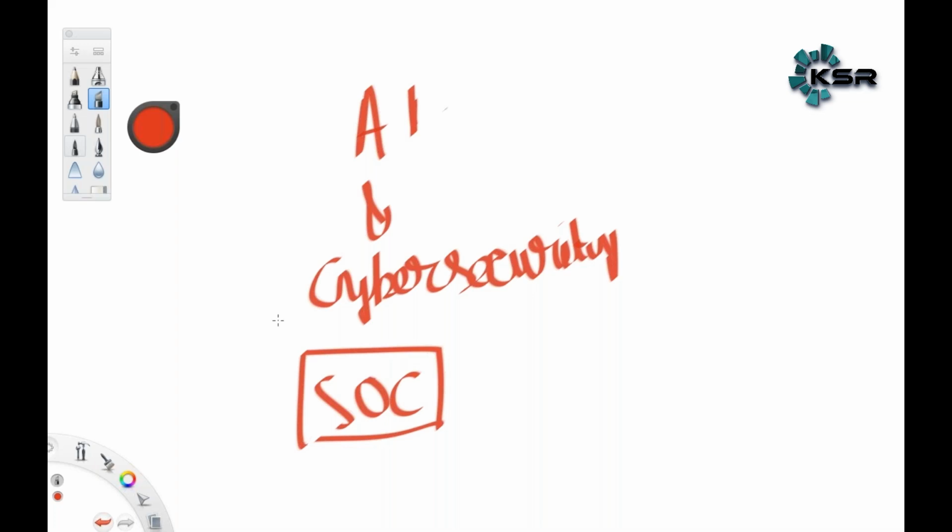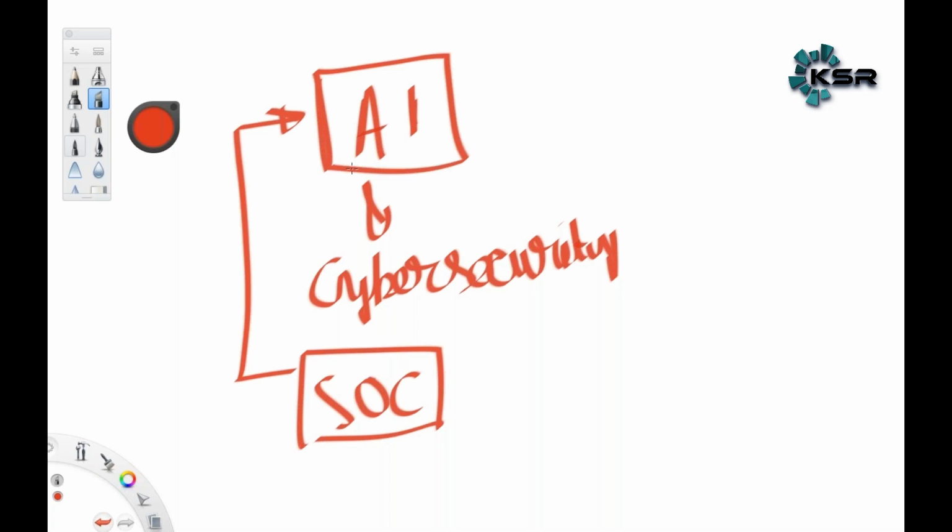So at that time, if you learn AI, then you can create a great security architecture which will eventually help you out. So the knowledge of programming will always help you out.